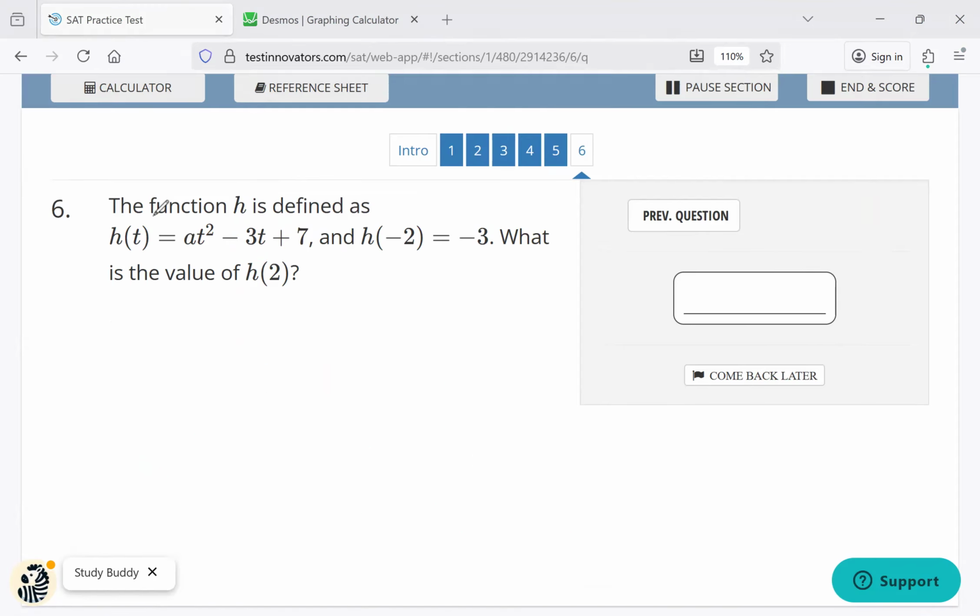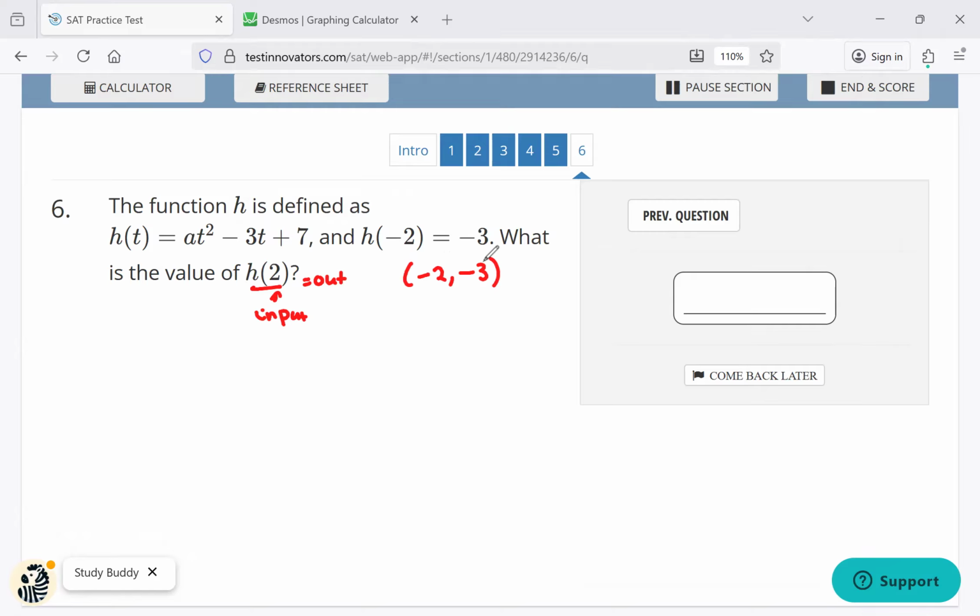Question 6. The function h is defined by h of t equals a t squared minus 3t plus 7, where h of negative 2 equals negative 3. What is the value of h of 2? So h of 2, 2 is an input, and we have to figure out the output. They give us a coordinate: h of negative 2 equals negative 3 is the point negative 2, comma negative 3.